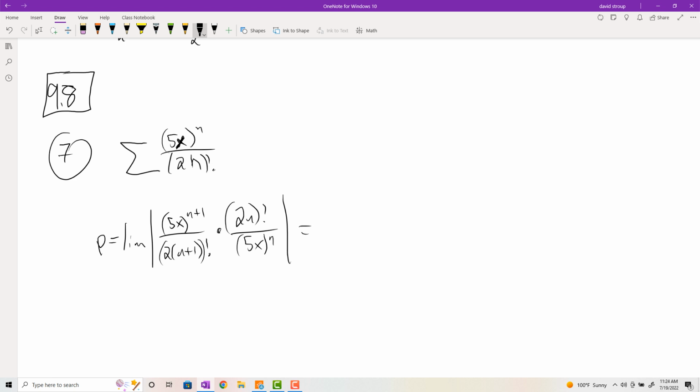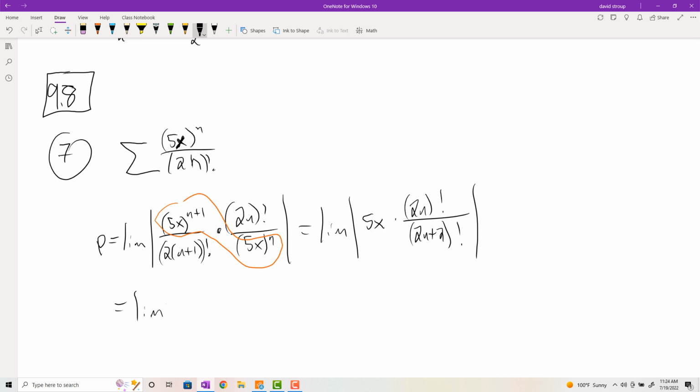Okay. If you were to simplify this portion by subtracting exponents, you would have 5x to the n plus 1 minus n, which would just be 5x. And then you have 2n factorial all over 2n plus 2 factorial. If you want to peel terms off the factorials to figure out what you're left with, that's usually the quickest way to do it.